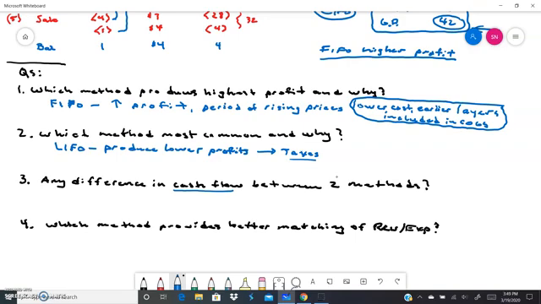So if you look at it purely from a cash flow point of view, ultimately what's coming in, and let's say this is FIFO, and let's say this is LIFO. Okay, so what's coming in for FIFO is the $100 of sales, and the same thing for LIFO. They're receiving $100 from the sales, from what we discussed above.